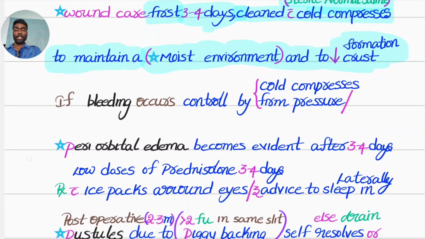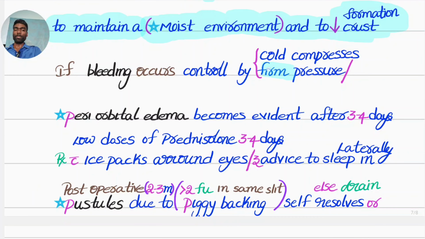If at all any bleeding occurs, we have to control it by firm pressure application or cold compresses. How cold compresses will control bleeding? It will stimulate clot formation and it will lead to vasoconstriction.